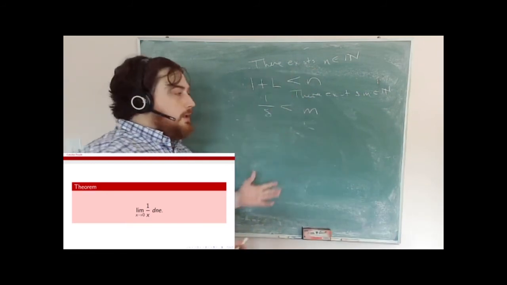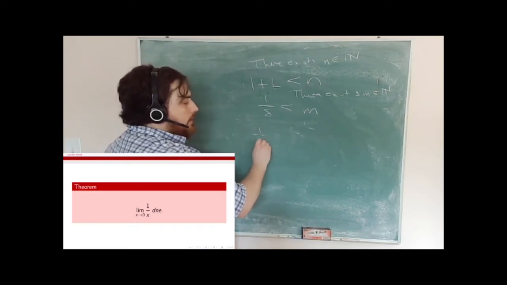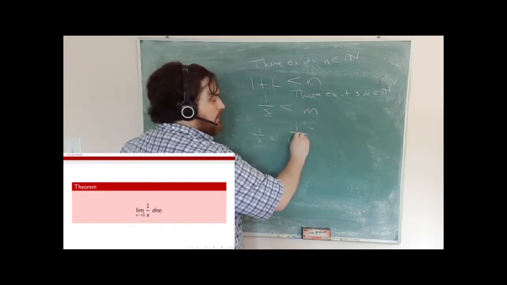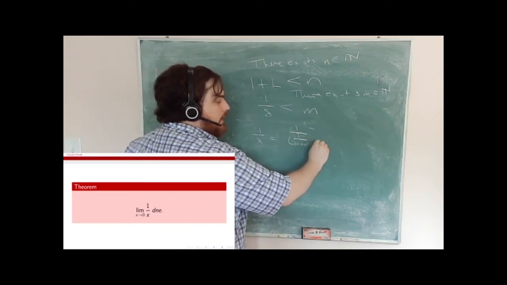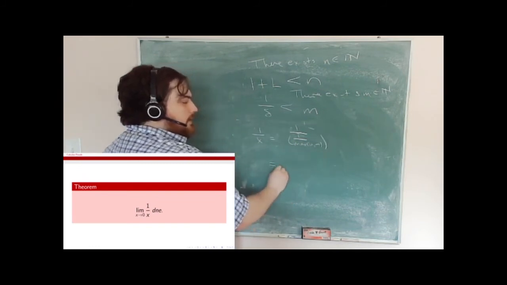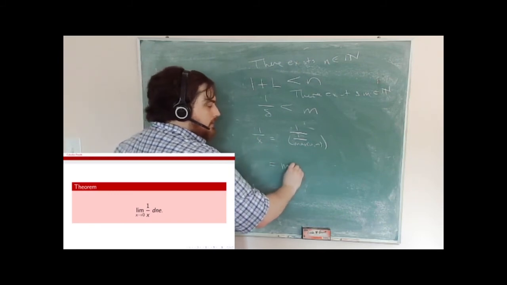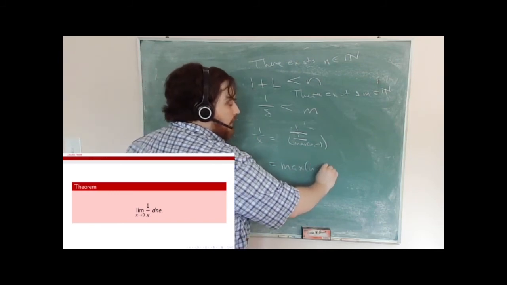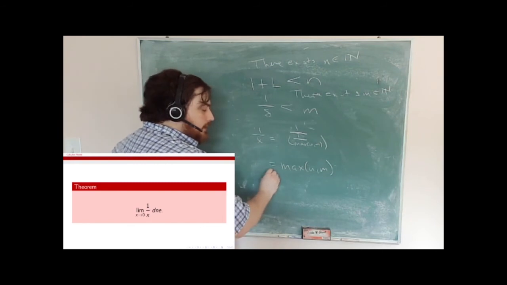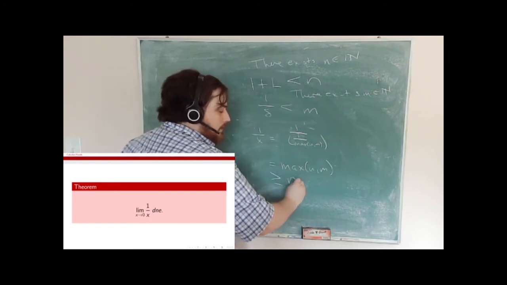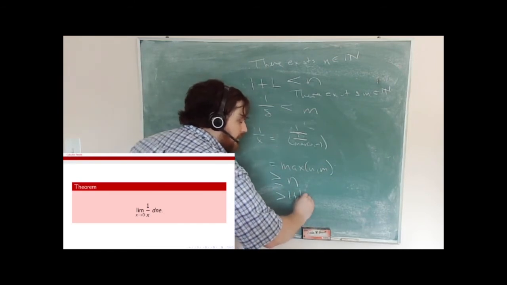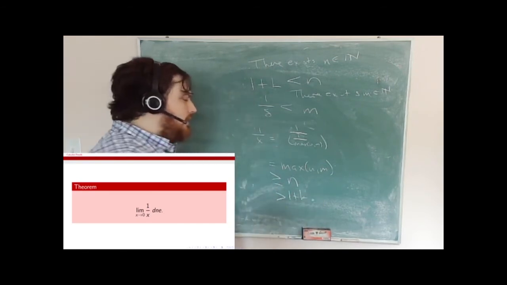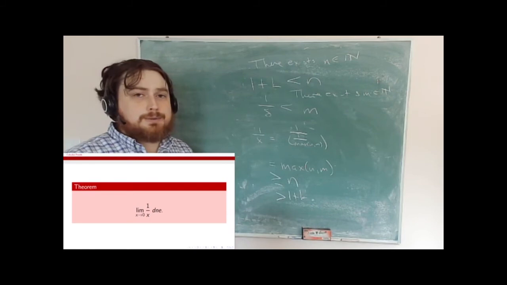Now, if we focus on the n part, what we get is that 1 over x is equal to 1 over the max of n and m. So if I simplify that, 1 over x is just the maximum of n and m, which is greater than or equal to n, but n is greater than 1 plus L. So what have we just shown?